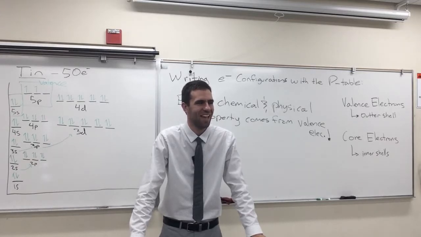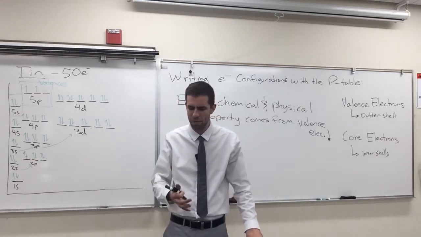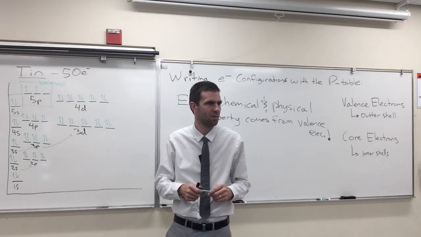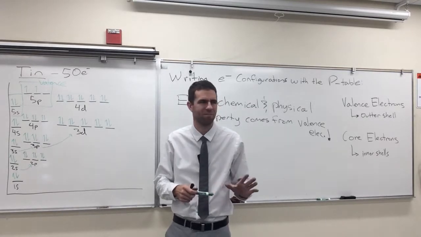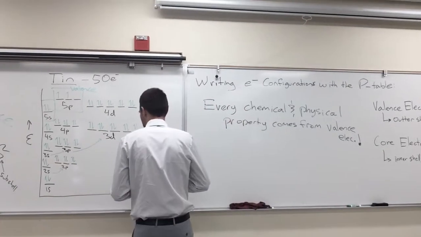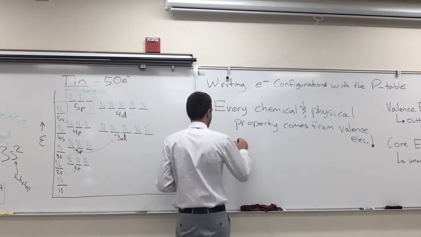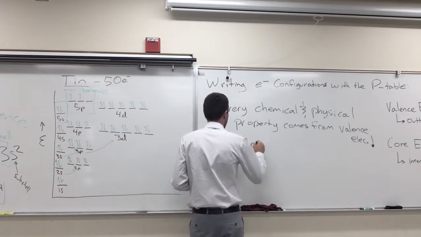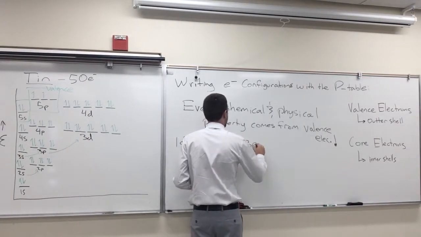All right? And by the way, really quickly, before I move on, tin. Can we write the electron configuration of tin? I should do that for you guys real quick. We have time. So, what is it? What's the electron configuration? 1s2, 2s2, 2p6, 3s2, 3p6.